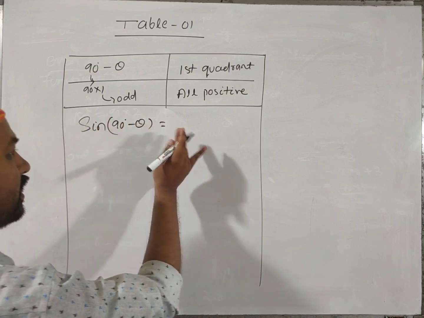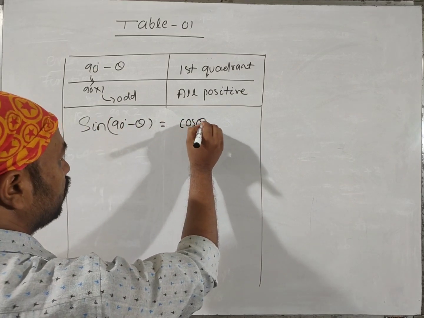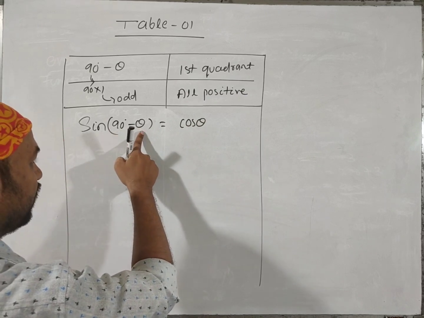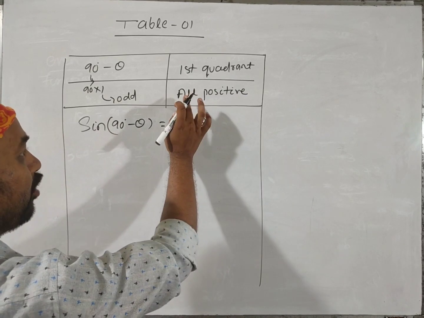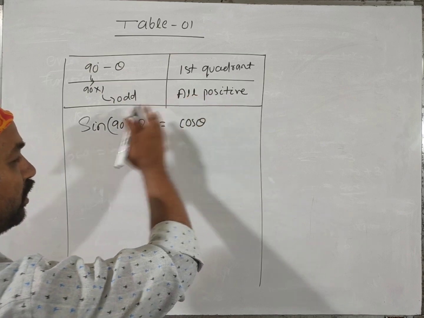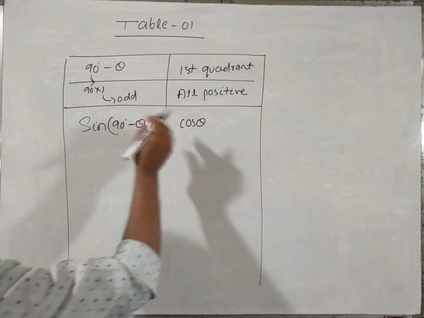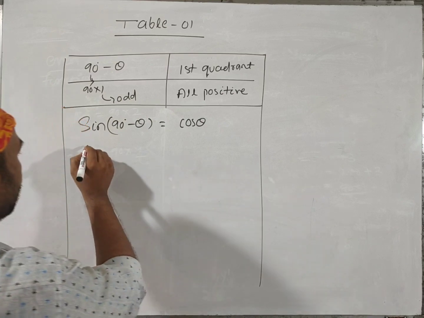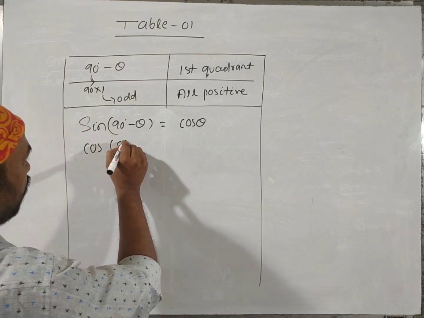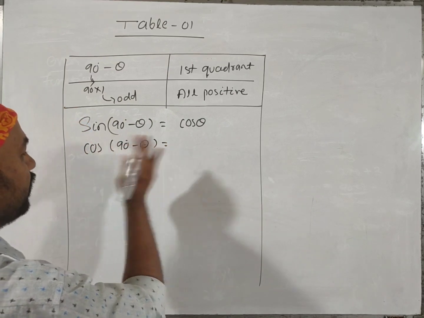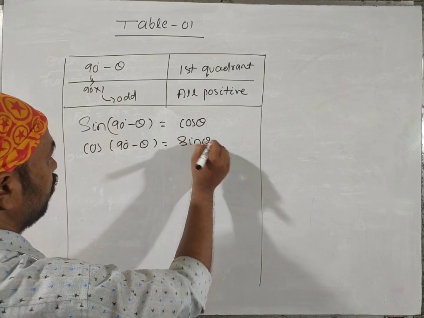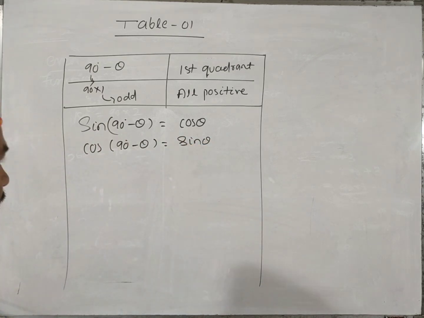So sin will be changed to cos theta. Sin 90 minus theta will be cos theta, and all the trigonometric functions are positive, so don't think about the positive or negative sign here. The positive sign only will be here. So cos 90 degree minus theta, cos will be changed to sin, so it will be sin theta.